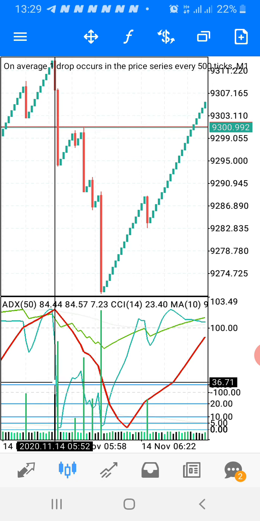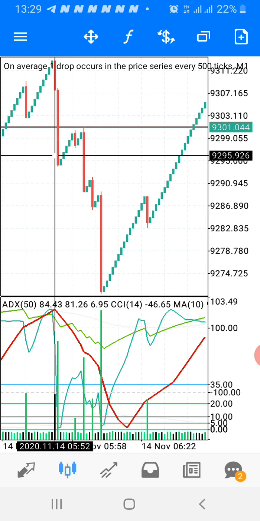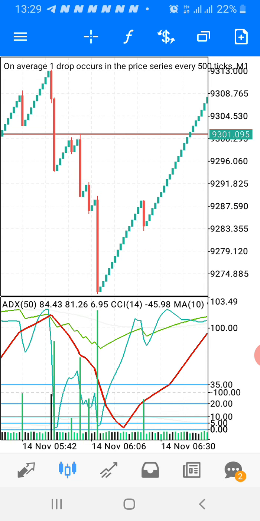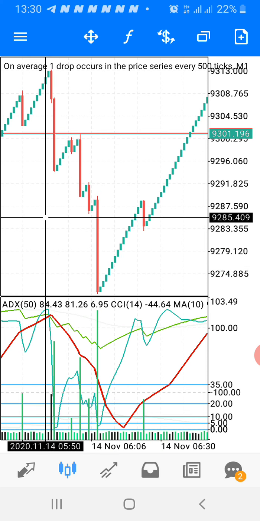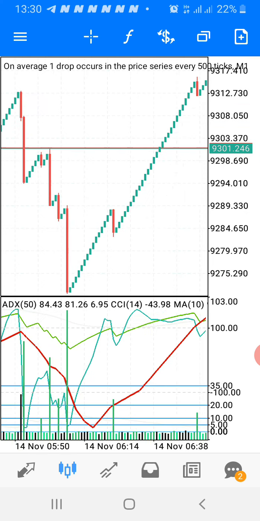If that next candle is a black one, then you expect another spike. Expect another spike just like this. You see, you expect another spike, and this is it. So this is how to catch spike and crash and boom.